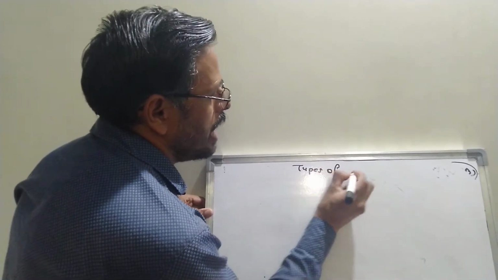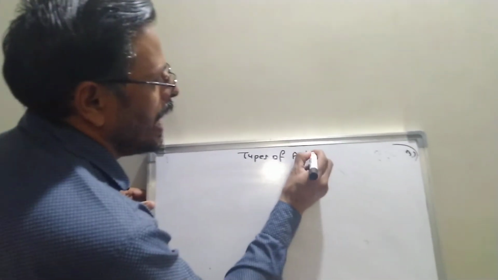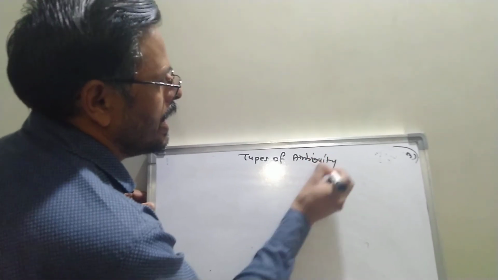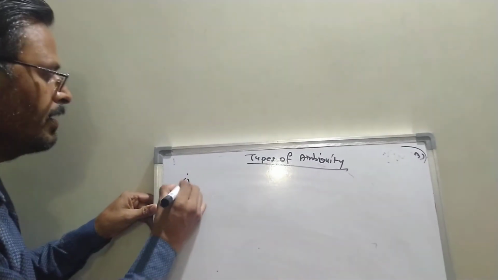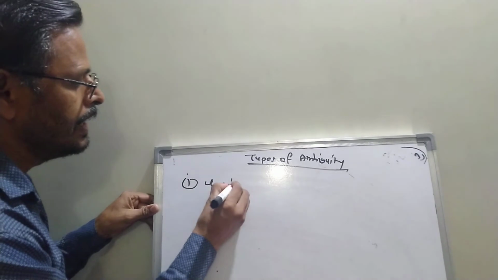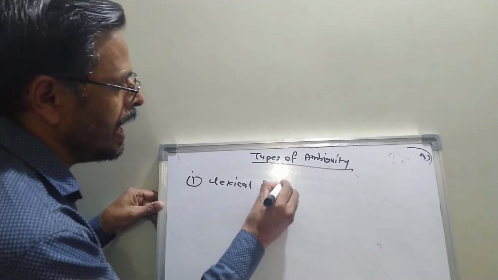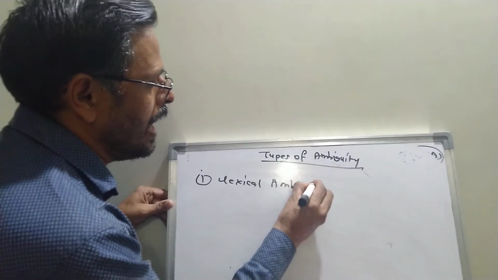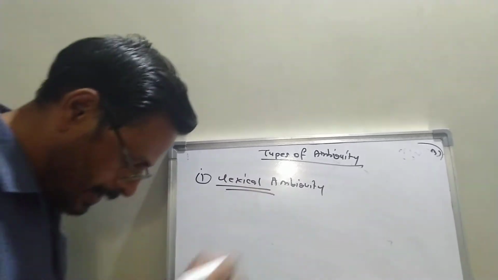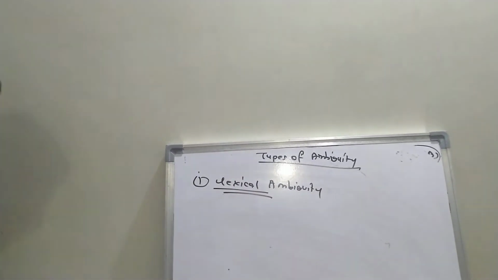Types of ambiguity. The first is lexical ambiguity. So we'll see the lexical ambiguity.